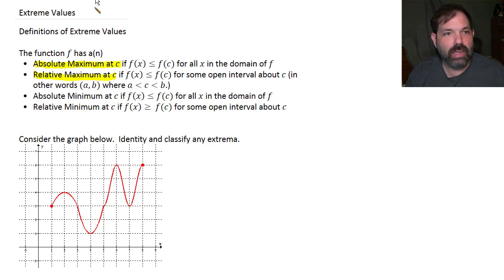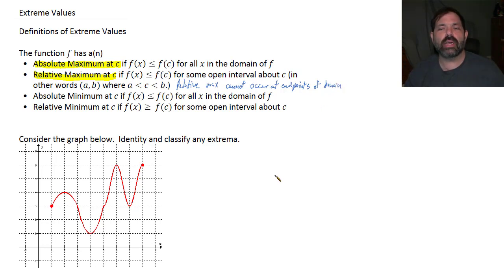Now, one thing that this means is that relative maximums cannot occur at endpoints of the interval of, let's just say, domain.